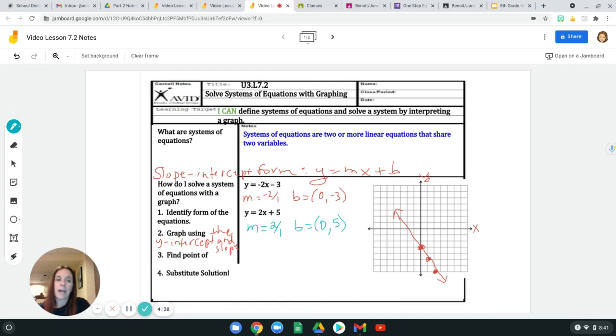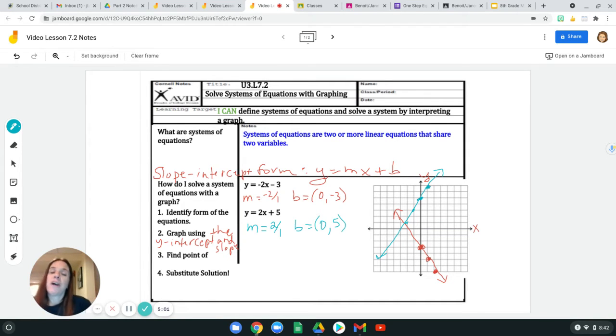All right, so go back to my graph. Start at 0. This time I'm going up 5. And I'm going to rise 2 and go to the right 1. Like that. And I'm going to draw my line.